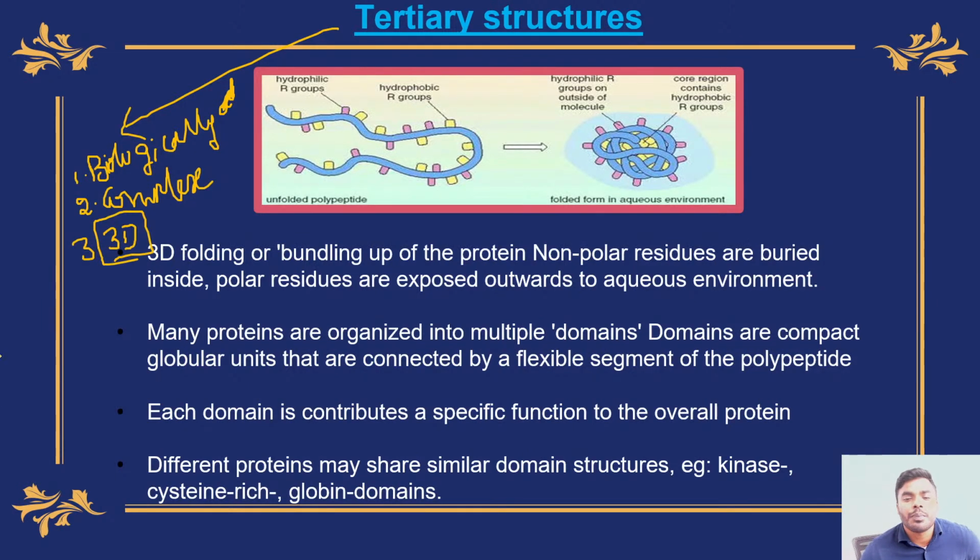Now the point is very clear. When we were studying the secondary structure, when I asked you, friends, what forces are involved in the secondary structure of a protein, everyone gave me the answer that hydrogen bonding is the major force involved in this secondary structure.